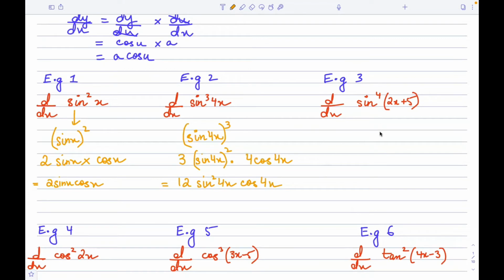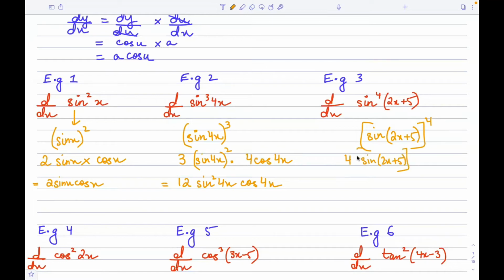This is the exact same case as the previous one. The only difference is the functions are a bit different, so we can write this as sine of 2x plus 5, and we can put the power 4 up here. When we again multiply 4 by the coefficient, this will become 4 sine of 2x plus 5.